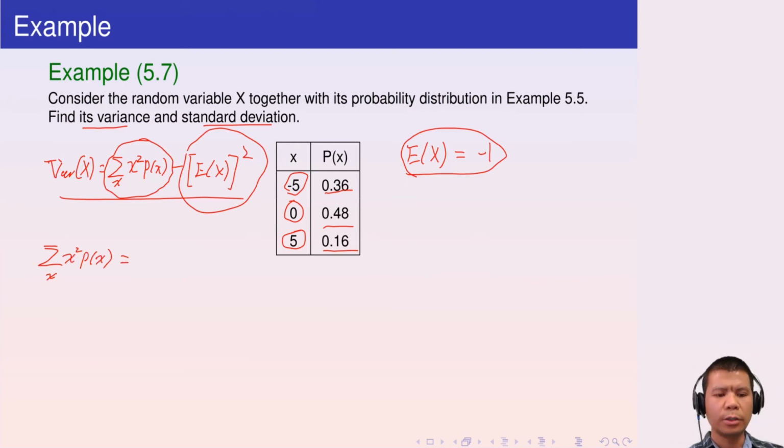All right. So this one, summation x squared p of x. You're going to take the square of the x values and then multiply by the corresponding probability.